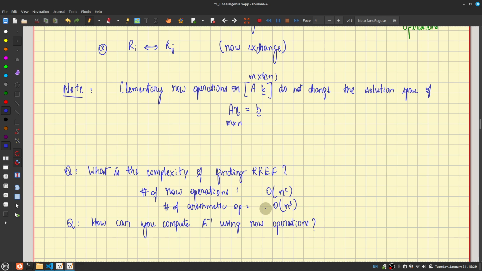Can it be from the given notation or the size, the number of columns? Which one? You're right. So this should really be order m square, right?